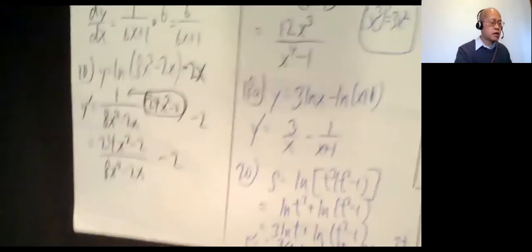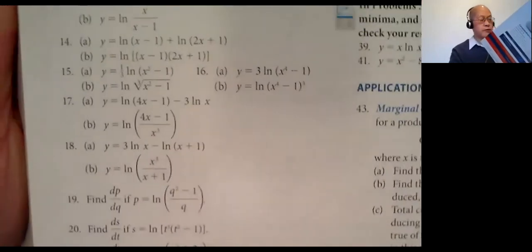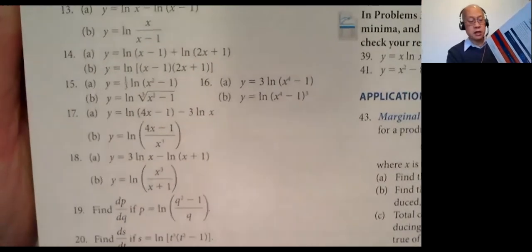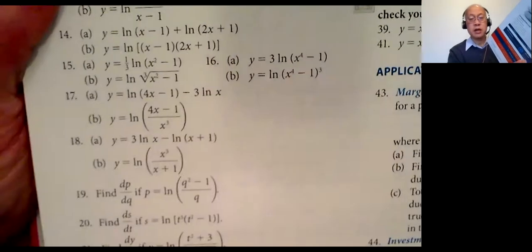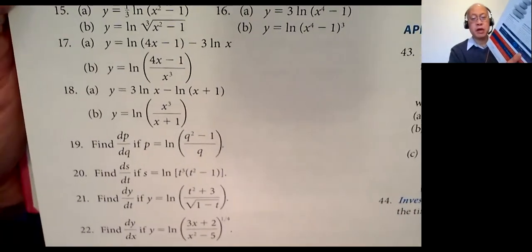Okay, so starting with 19 and 20, they give you most of the time the harder version, like 19 and 20. And we're going to simplify it before we start to make the problem much, much better. So here's how you do it.